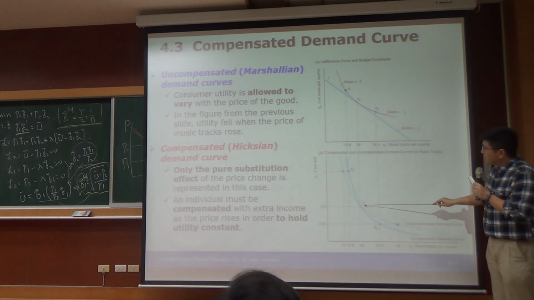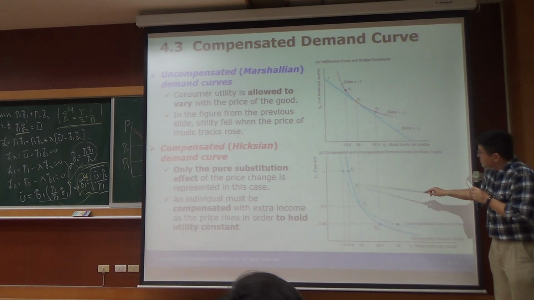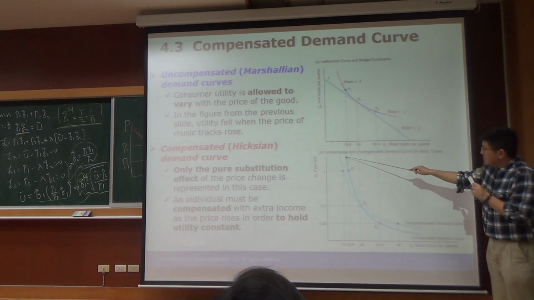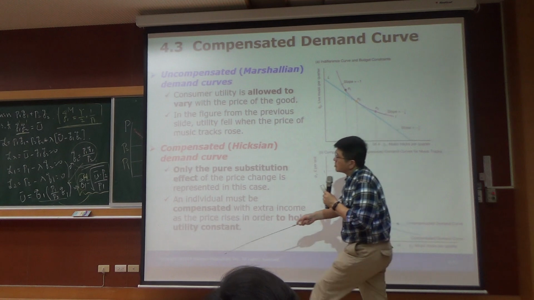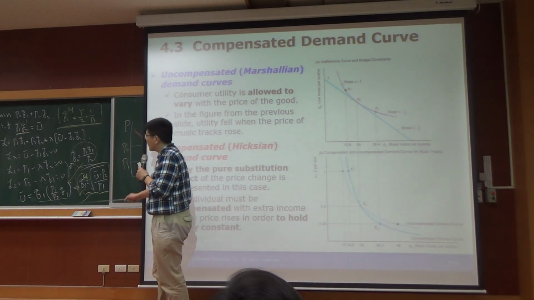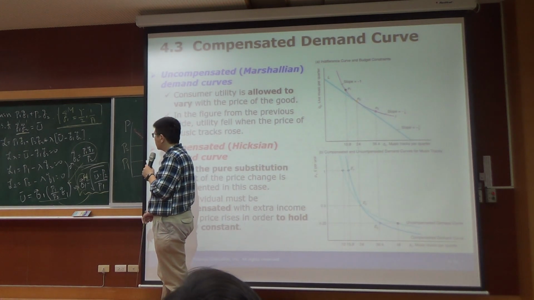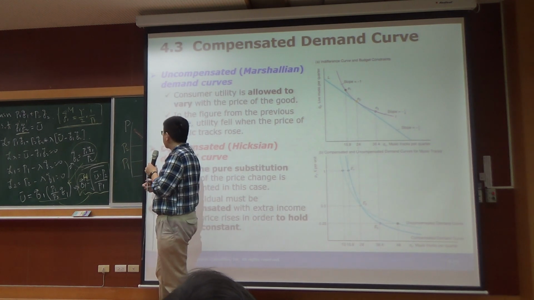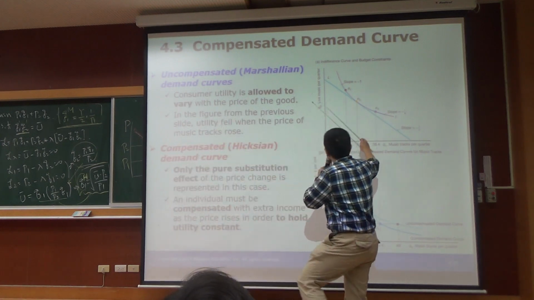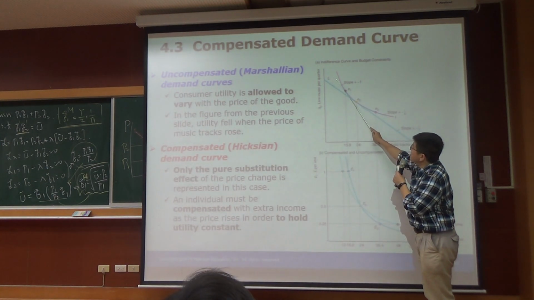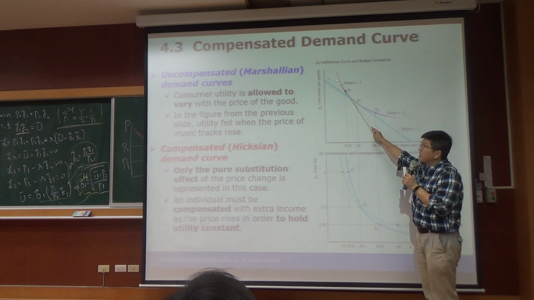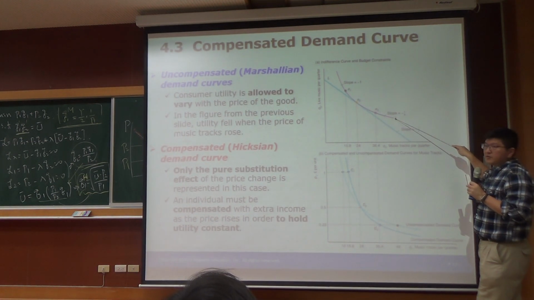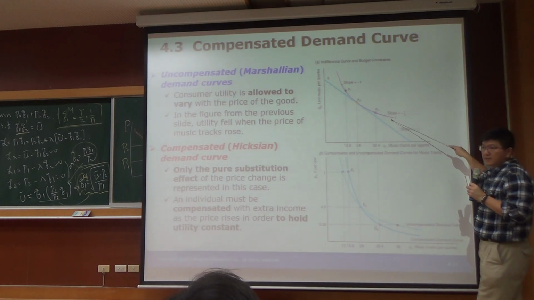Okay? However, from this point to this point, the Hicksian function, your demand curve looks like this, Q1 Hicksian. And you don't need a Y because it's compensated. So we don't care about how much money you have in your pocket. We care about what's the level of utility you are on.